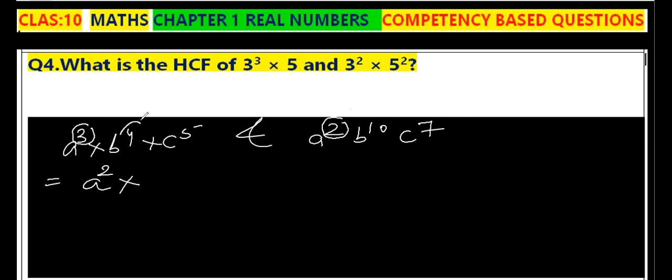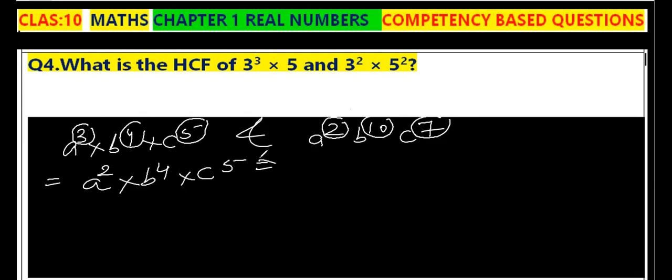The power of b is 4 here, the power of b is 10 here, so the lowest power of b is 4, and the power of c is 5 here, the power of c is 7 here, so lowest power is 5.